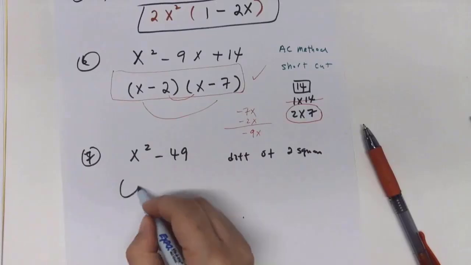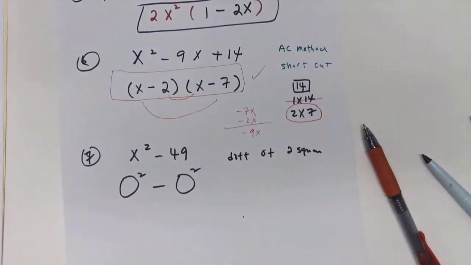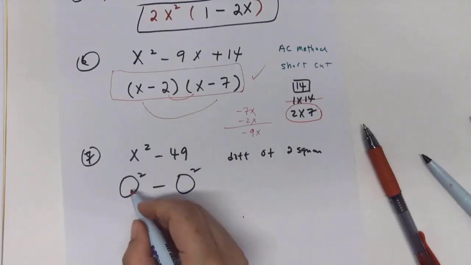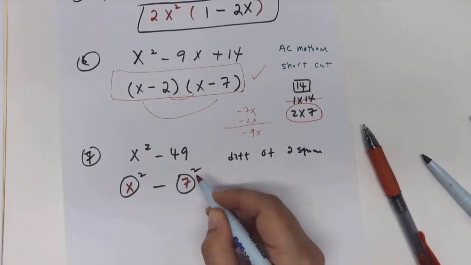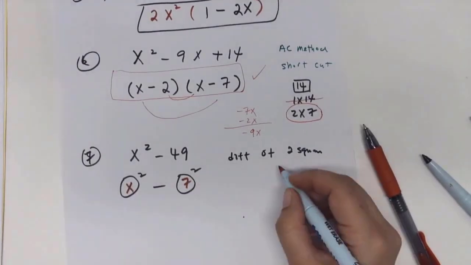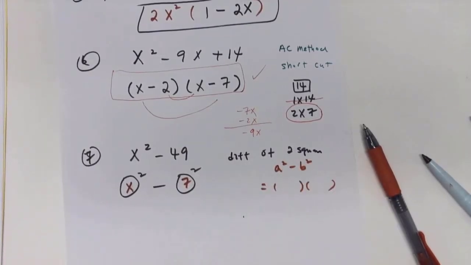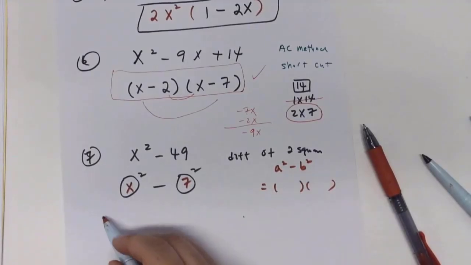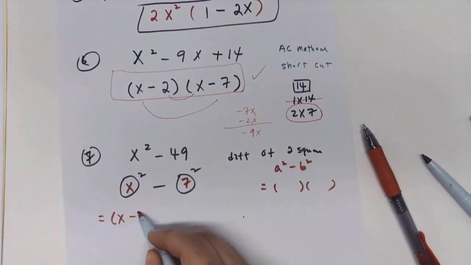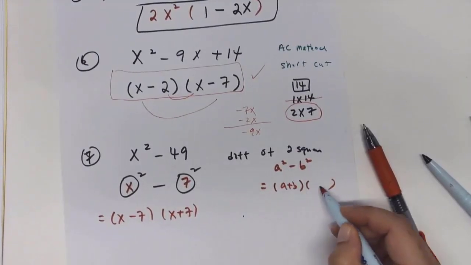And it's what square subtracting what square? First one is x squared. Second one is 7 squared, right? So when you have the difference of 2 squares, a squared minus b squared, you're going to break it into what? X minus 7, x plus 7, because it's a plus b, a minus b, right?